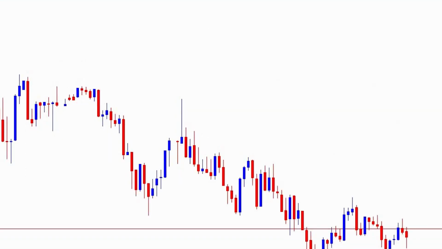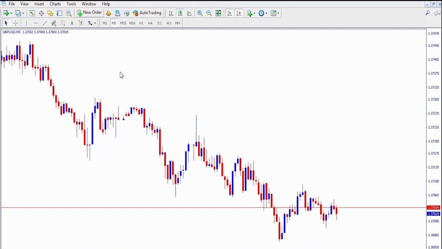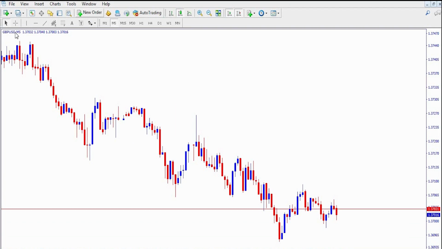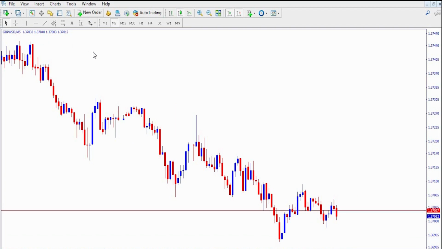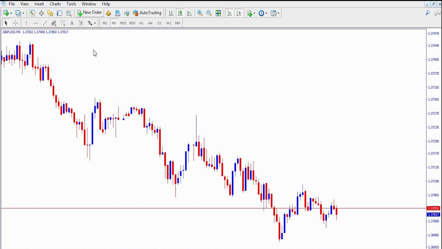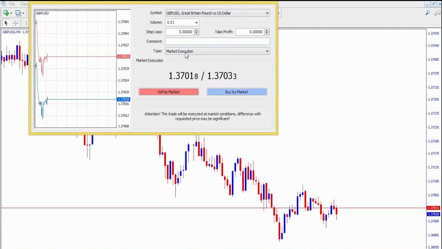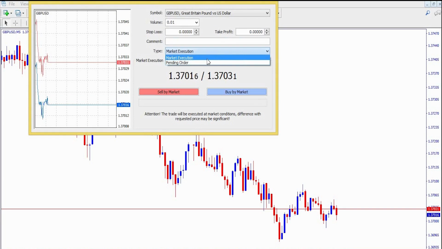The market order. Now, this is a chart of Great Britain pound against the United States dollar, and like I said, the market order is an unrestricted order. So if I want to place an order using my laptop, I just have to click on new order. Now here it is market execution.